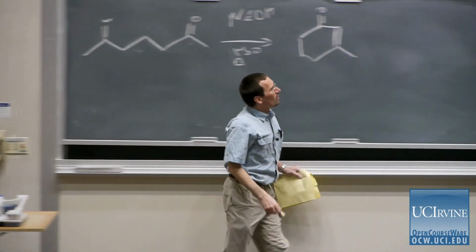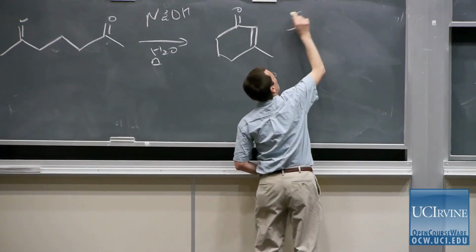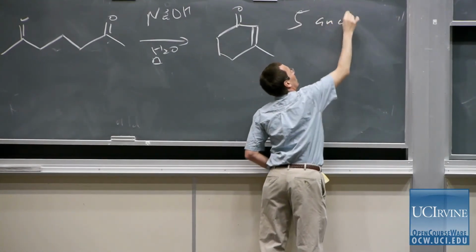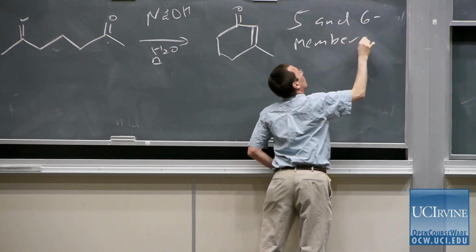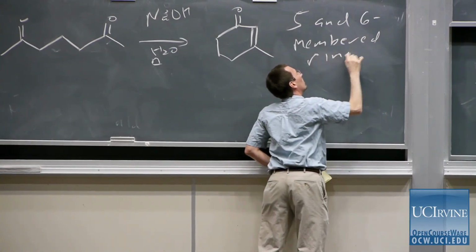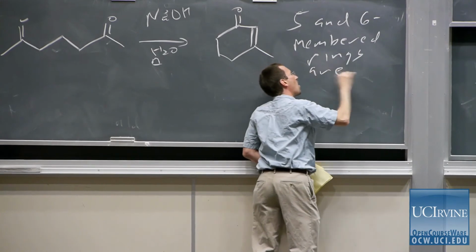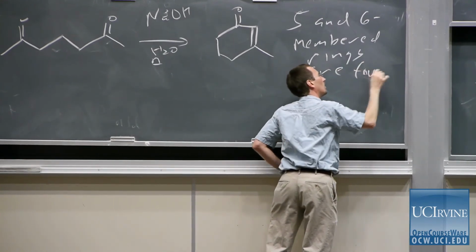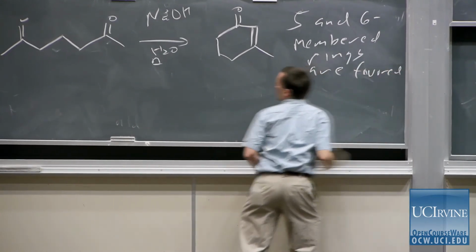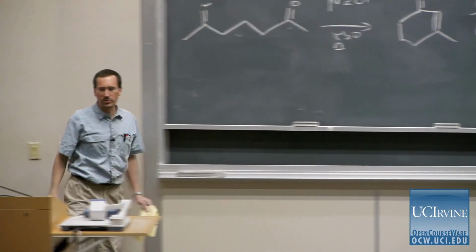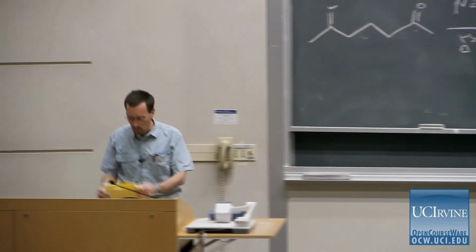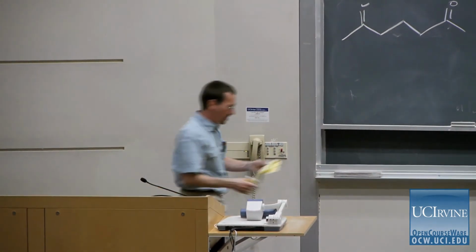In general, 5- and 6-membered rings can form. Let's say they are favored. In other words, in general, we don't form 4-membered rings. They're too strained. In general, we don't often form 7-membered rings.